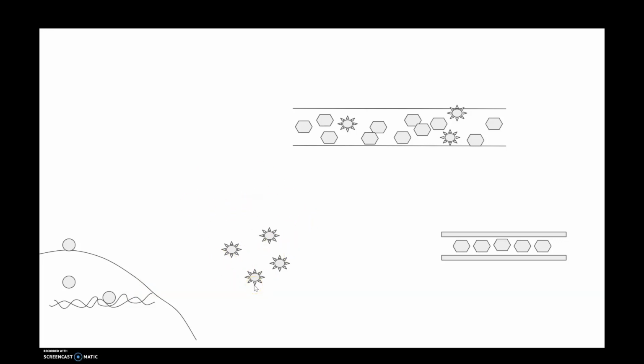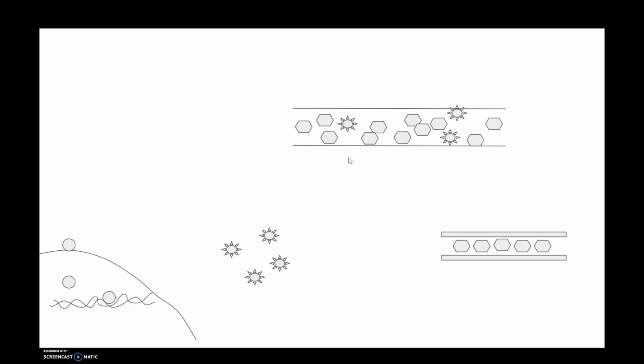And these cytokines are what's responsible for the inflammation.